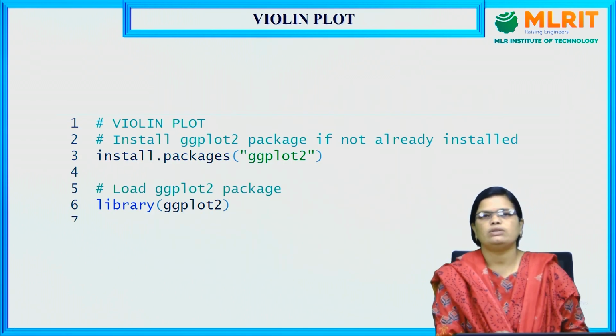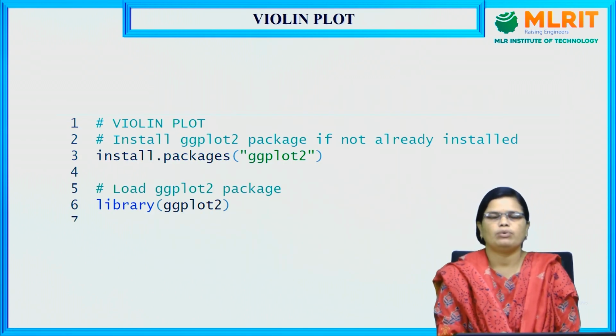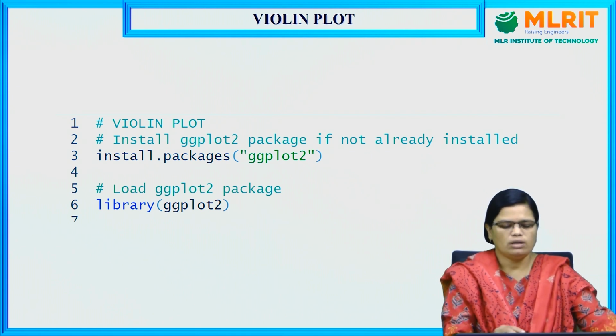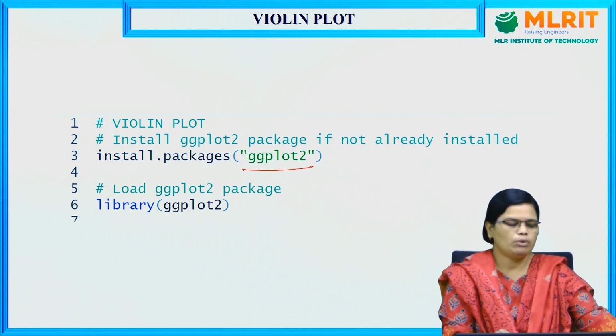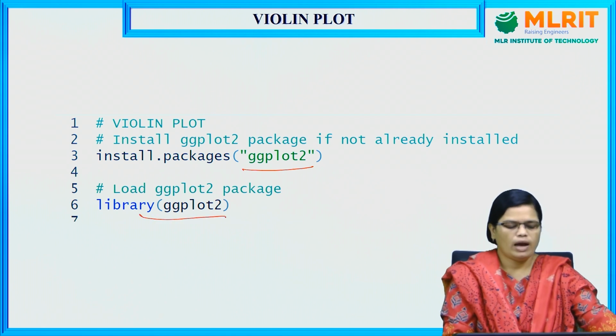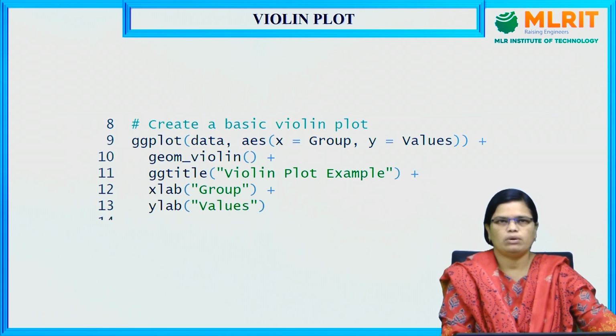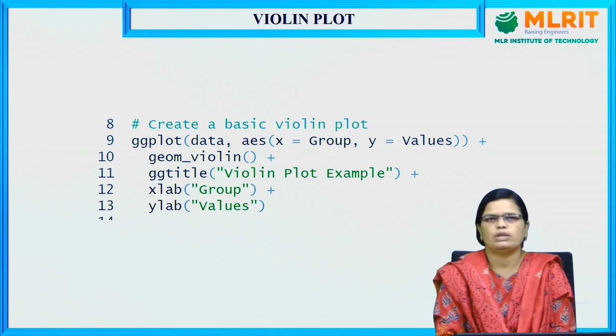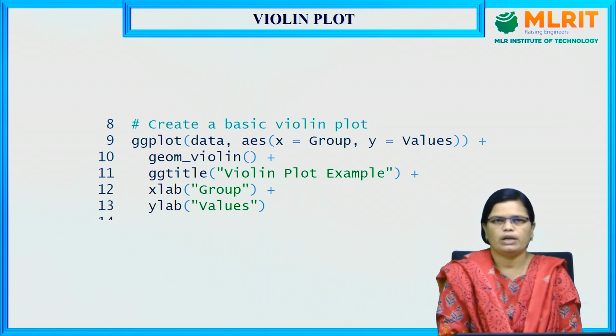Next visualization we are going to discuss is the violin plot. For displaying the violin plot, we have to install the ggplot package and import the library ggplot, and these are the ggplot built-in functions we are using to display a violin plot.